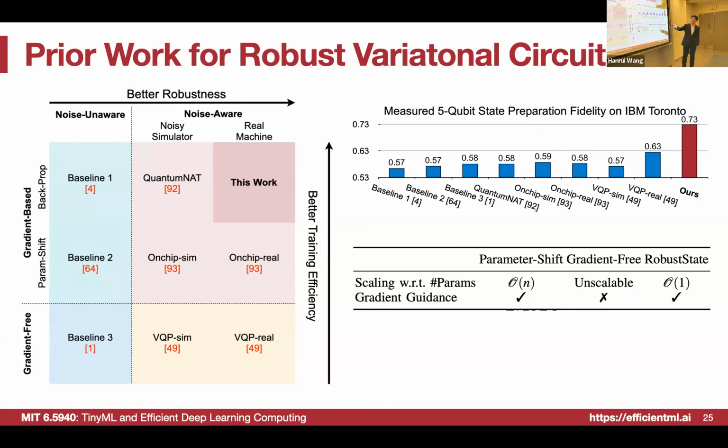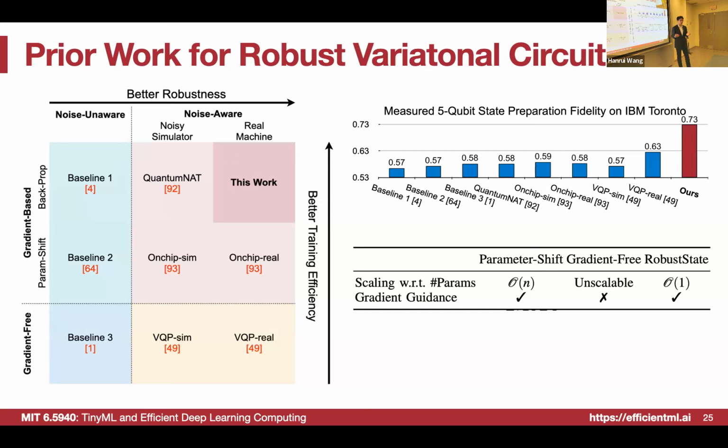For the first dimension, if we train parameters with noise, we get better robustness because we are aware of the noise of the real device. And if we train with gradients, for example using parameter shift or backpropagation, the training efficiency will be better.